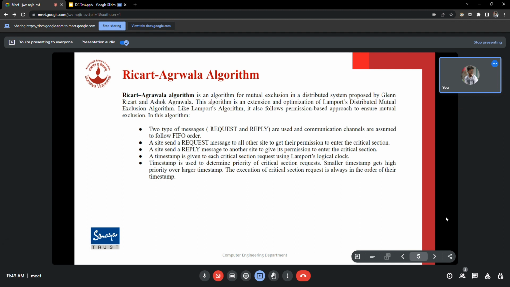We'll continue. Ricart-Agrawala algorithm is an algorithm for mutual exclusion in distributed systems proposed by Glenn Ricart and Ashok Agrawala. This algorithm is an extension and optimization of Lamport's distributed mutual exclusion algorithm. Like Lamport's algorithm, it follows a permission-based approach to ensure mutual exclusion.